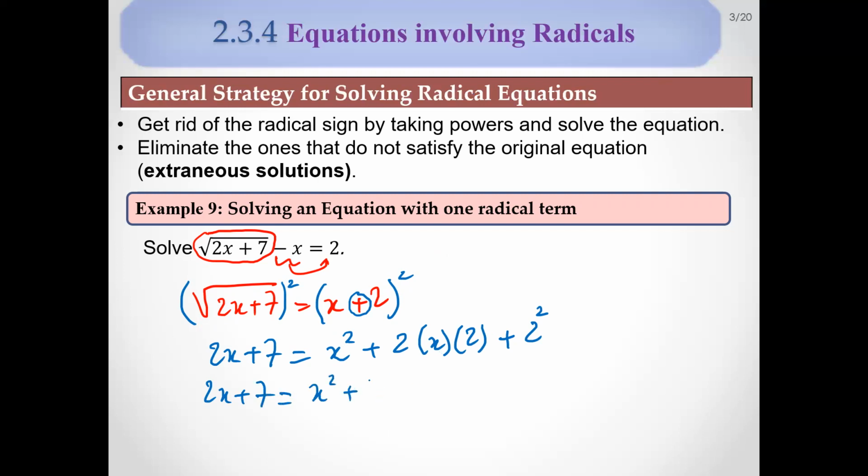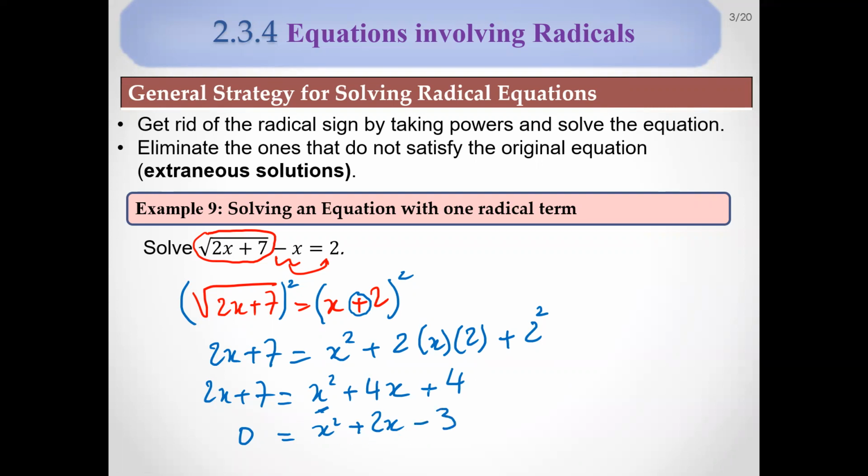2x times 2 is 4x, and 2 squared is 4. So it's an equation of degree 2. We write it in standard form. Collect all terms on the same side. x squared. Added 2x goes over there, minus 2x; 4 plus 2x plus 7 goes over there, so 4 minus 7 is minus 3.